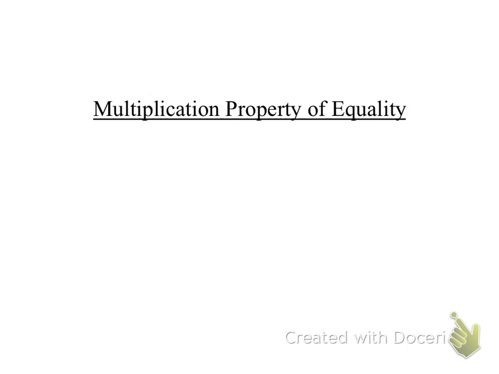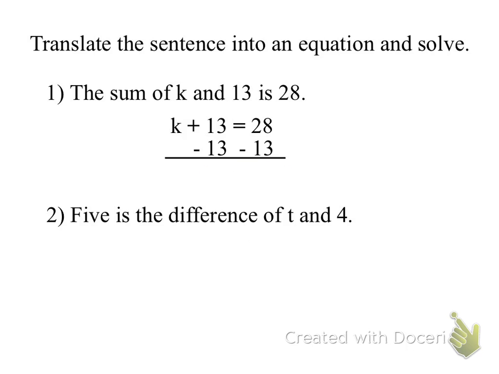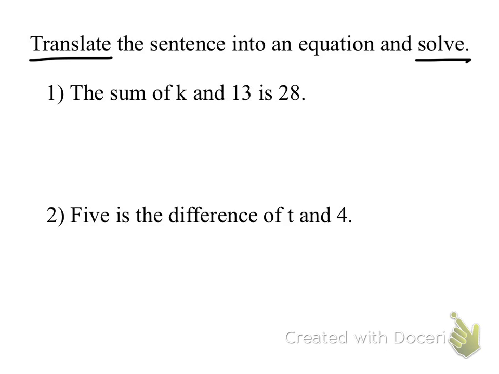All right, so with that in mind, I'm going to go back really quick so you can see the previous problems where we translated. It says the sum of k and 13 is 28. So the first thing we do is we read, and it says translate and solve. That means 2 things. So as I'm reading, I look for the operation sign.